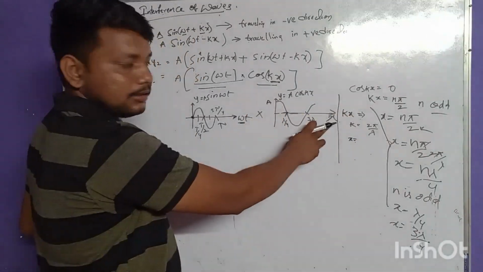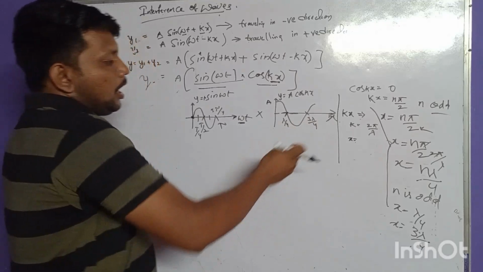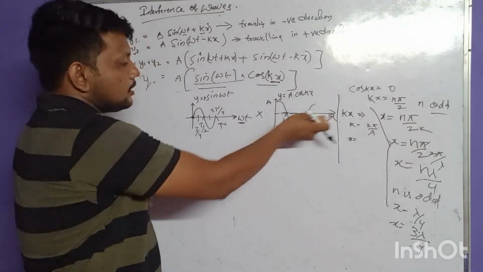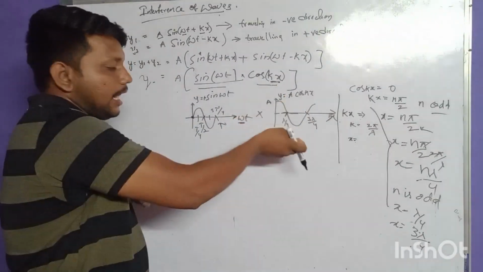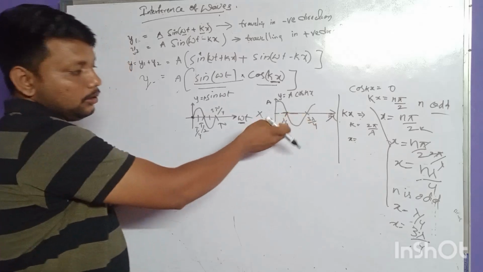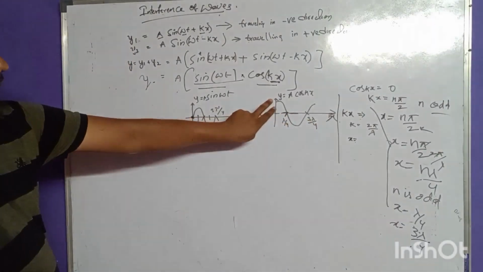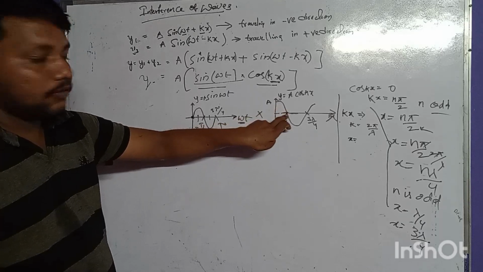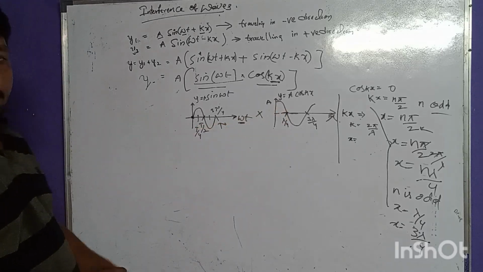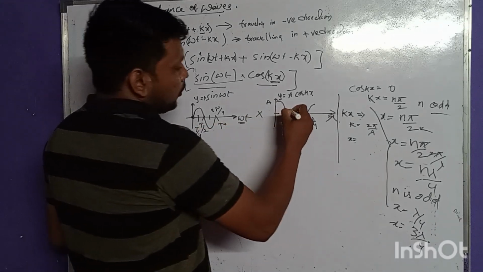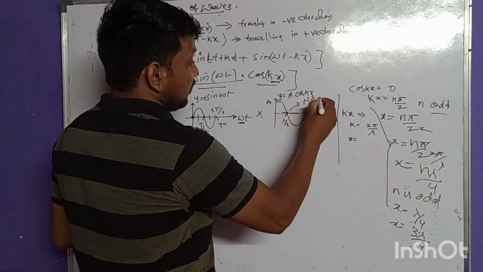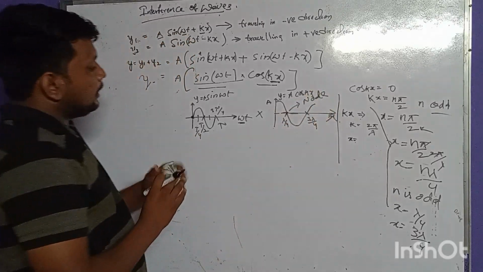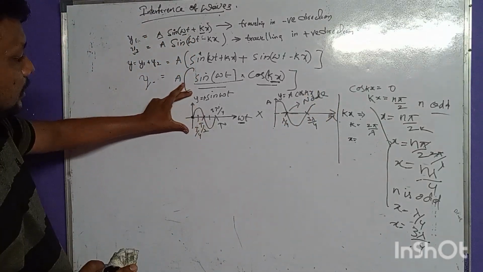position space graph. That means this graph represents how the wave looks at a given distance, right? At x is equal to lambda by 4, the wave is 0. This is called a node, right? This graph is imaginary.